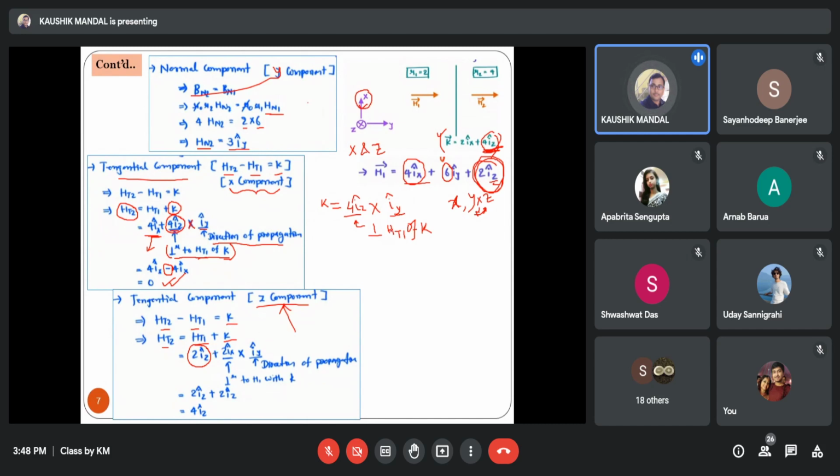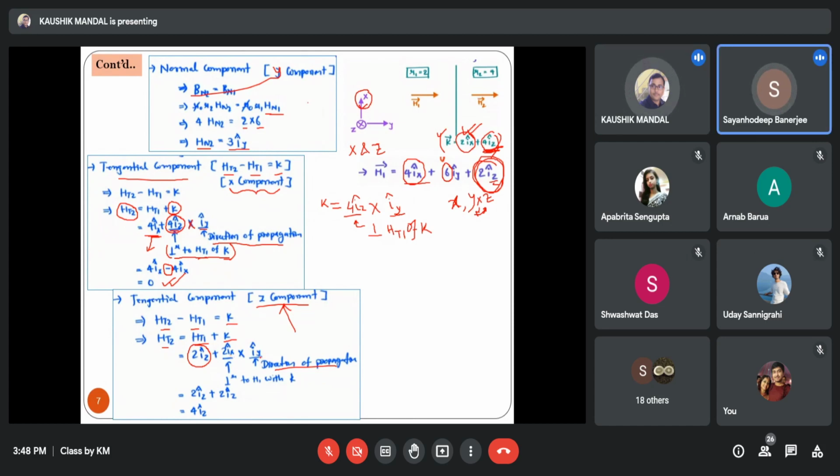Now in the same way, you have to find k, which is perpendicular to h1. Perpendicular to h1 with k means the cross product of 2ix with the direction of propagation, that is iy.